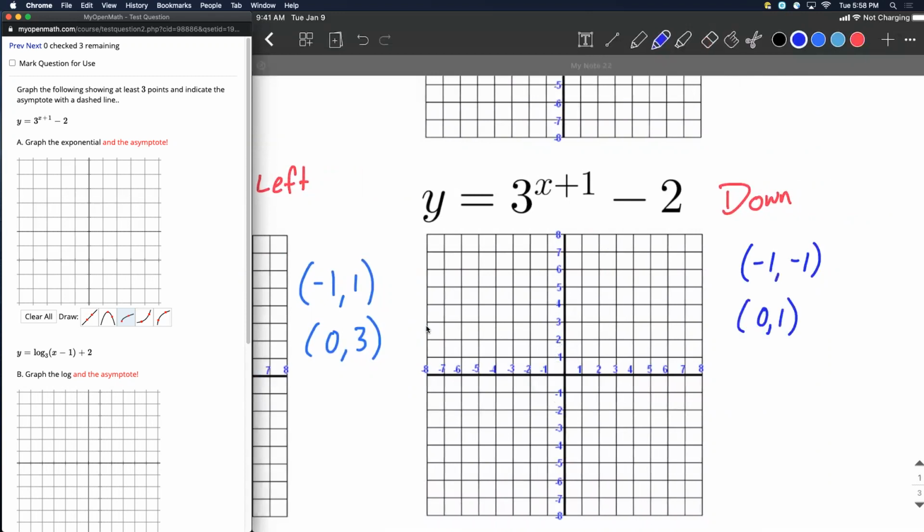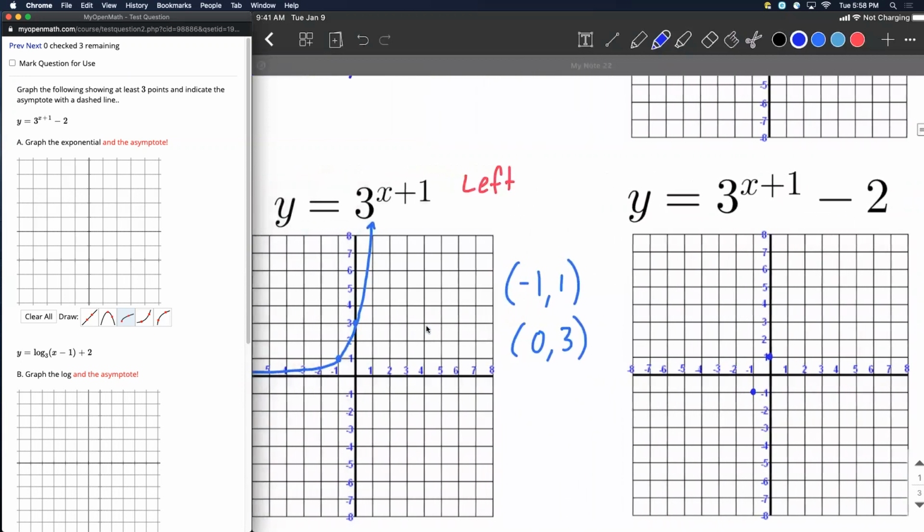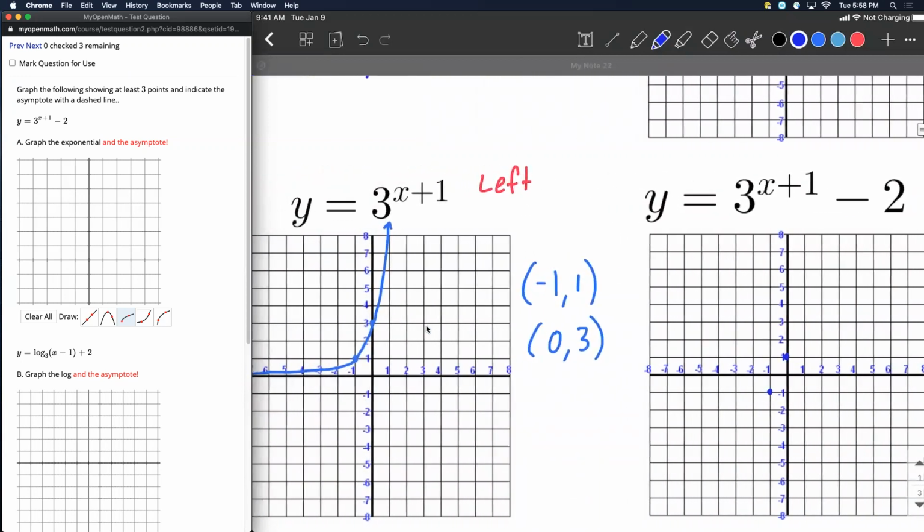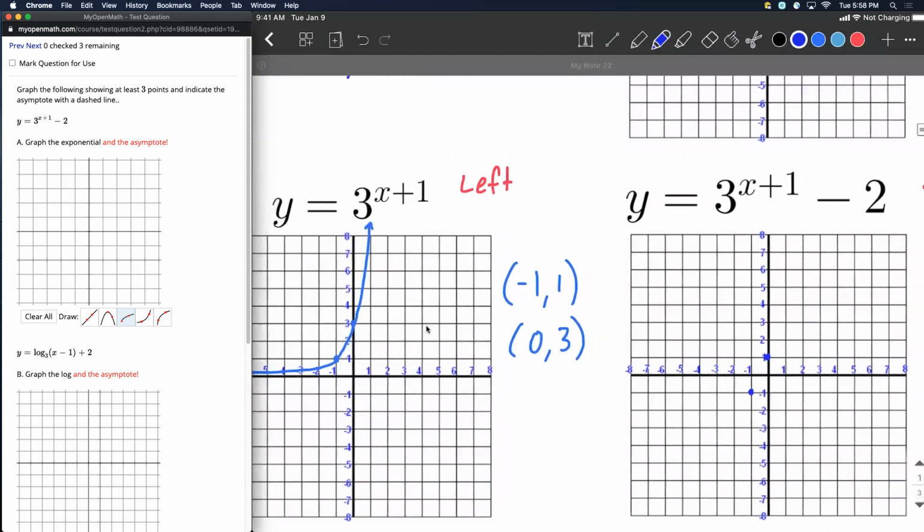The other thing that did move on this one as well was that horizontal asymptote. So we had negative 1, negative 1 and 0, 1. Okay, our horizontal asymptote was located at the x-axis. It needs to be picked up and moved down 2 units as well.